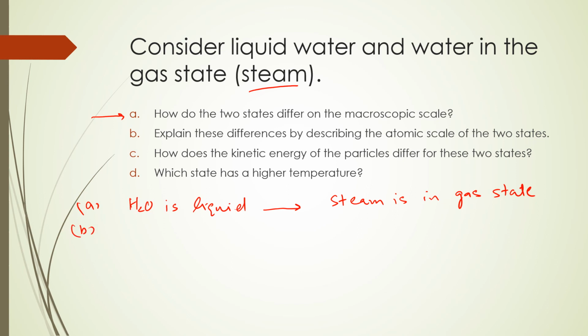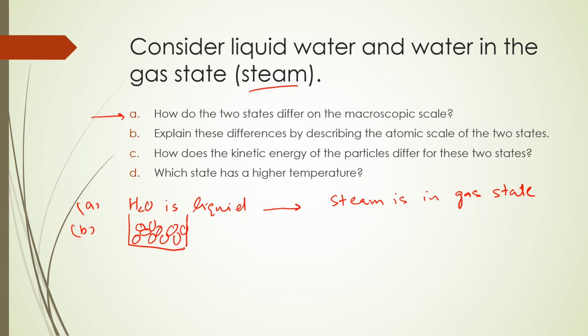Now, part B is to explain these differences by describing the atomic scale. This is more interesting. In liquid state, all water particles are randomly placed, but they are still in contact with each other. They are fluid, moving around, and free to move. They don't have any order, but they are still in contact.